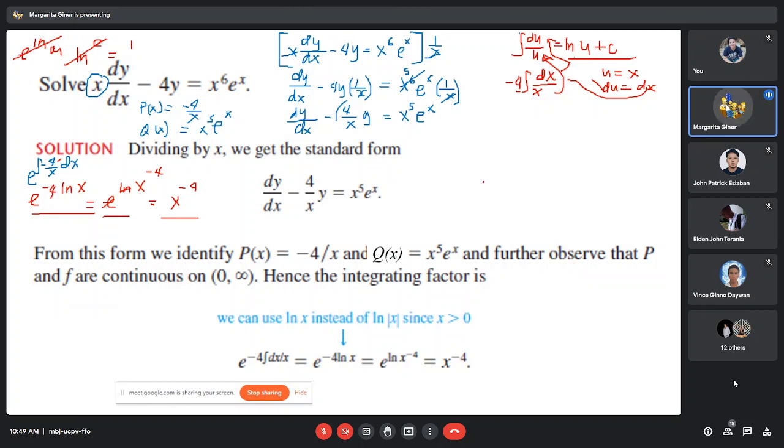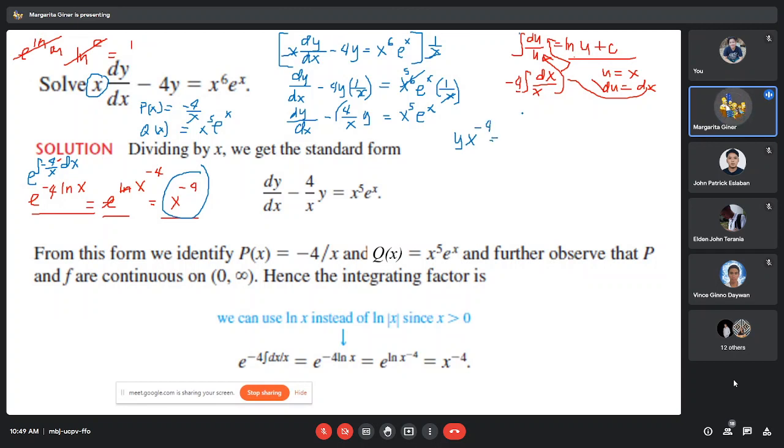Okay? So that's why, if we are going to solve using the third formula, using the formula, your formula will be y times the integrating factor, instead of e raised to the antiderivative of negative 4 over x, we now have the new value. So, I will multiply it by x raised to the negative 4.